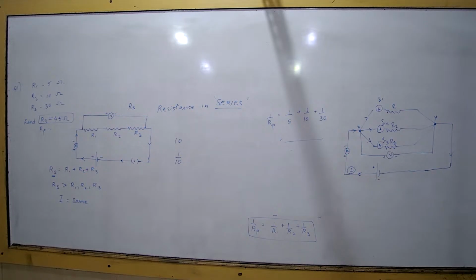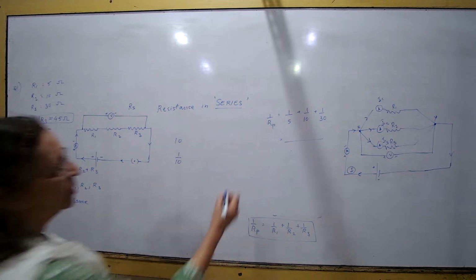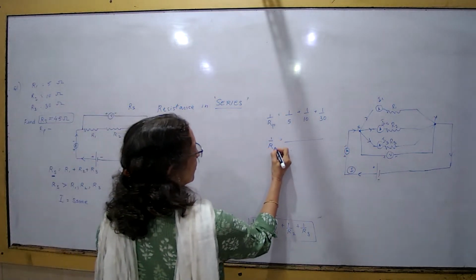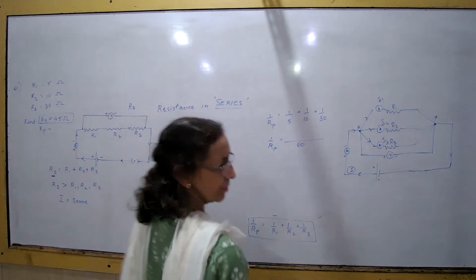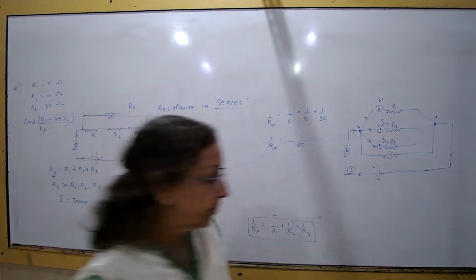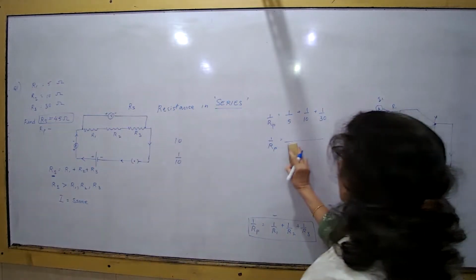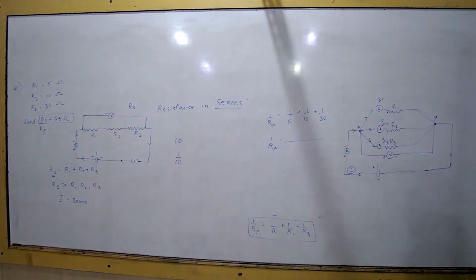Show me the working. LCM is 30. 6 plus 3 plus 1 is 10 upon 30. This is 1 upon RP, which is 1 by 3.